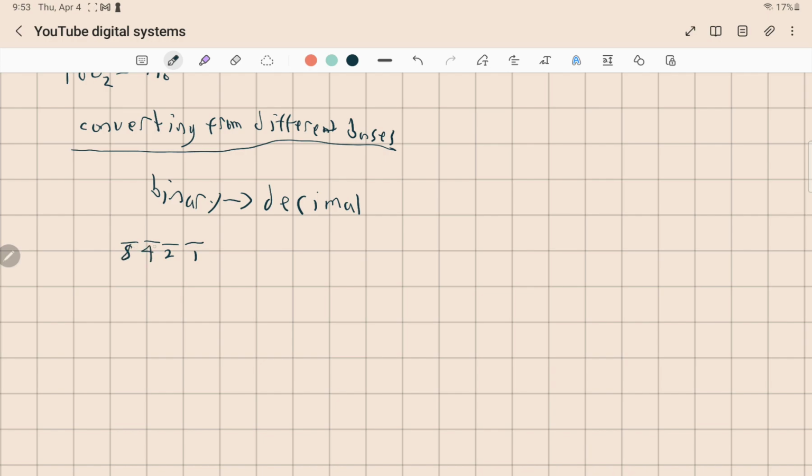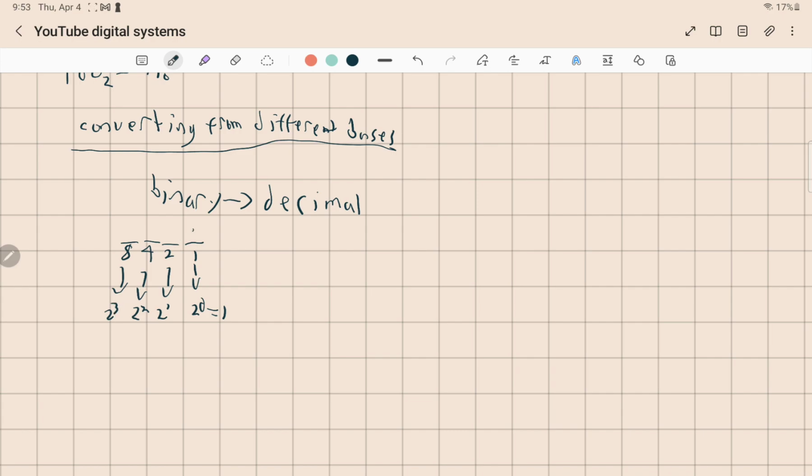The next one will be times 8. So it's basically 2 to the power of whatever. This one is 2 to the power of 0, which is 1. This is 2 to the power of 1. This is 2 to the power of 2. This is 2 to the power of 3.